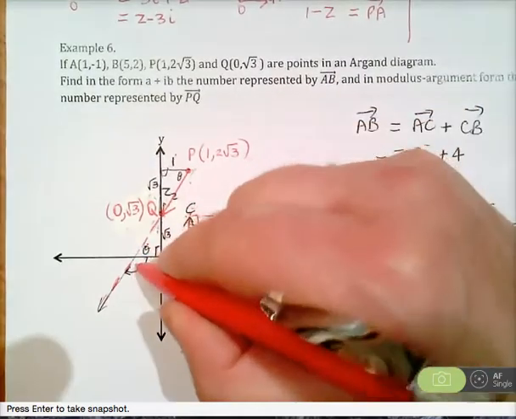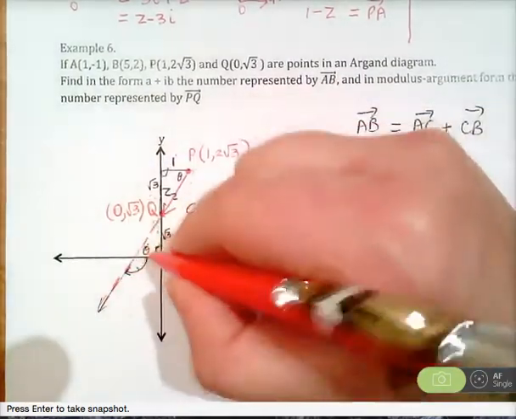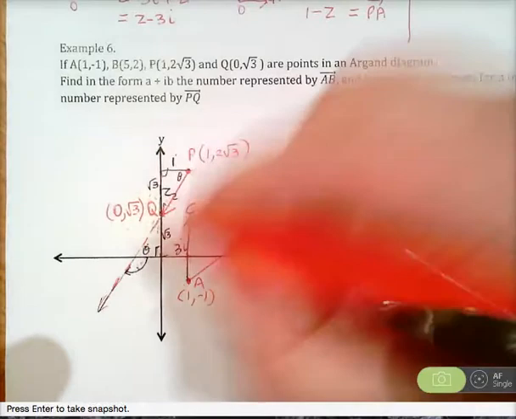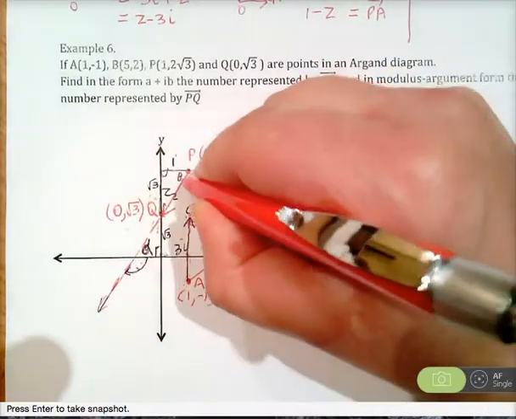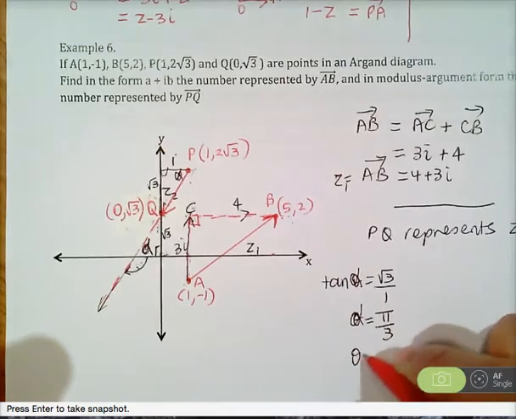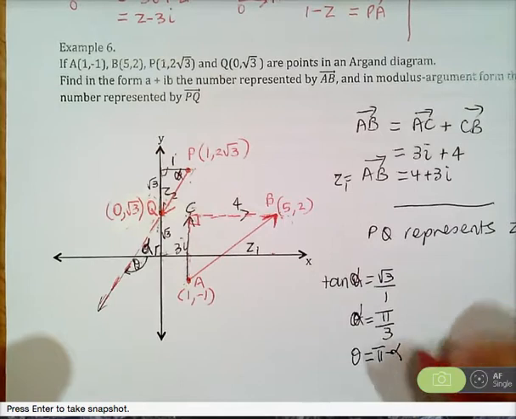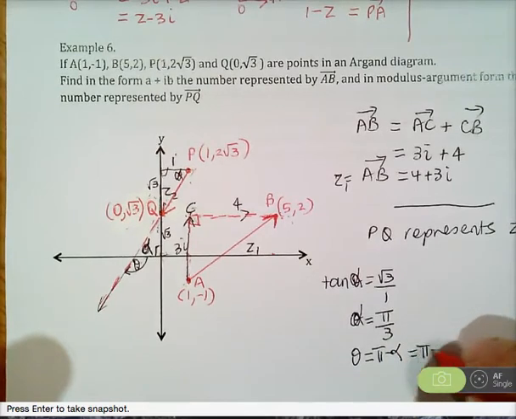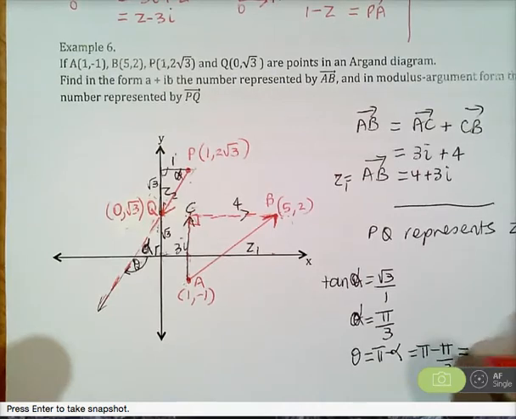Actually, I might call that alpha. So tan of alpha is that. So theta is what I want. Theta is pi minus alpha, which is pi minus pi on 3. Actually, the size is 2 pi on 3.